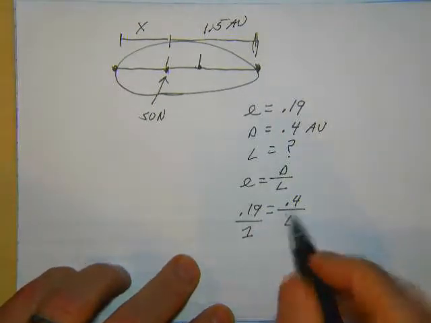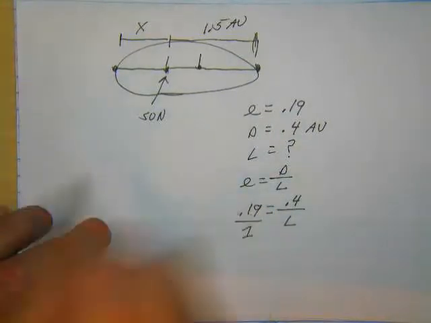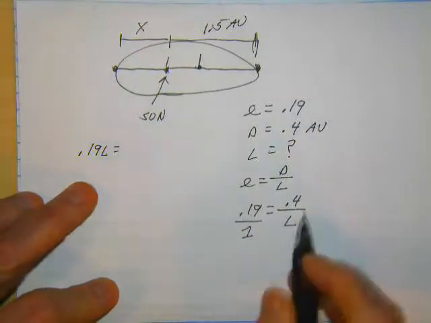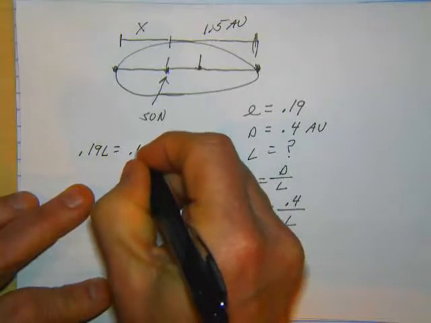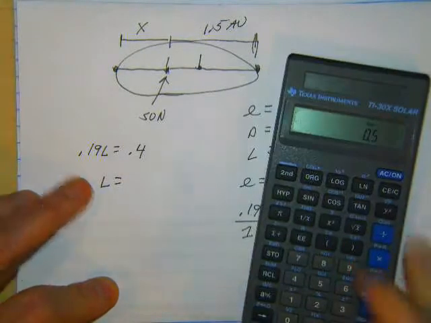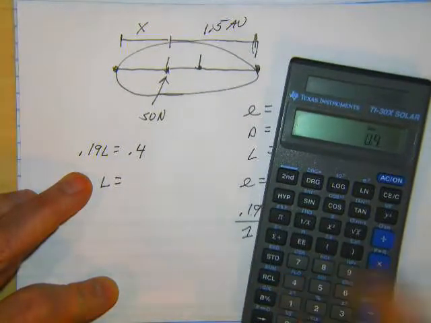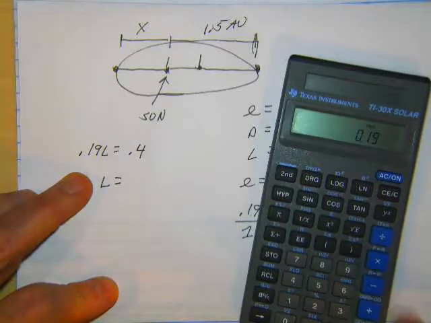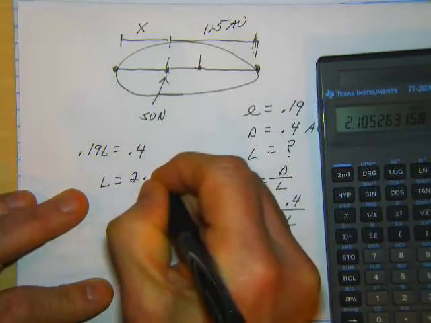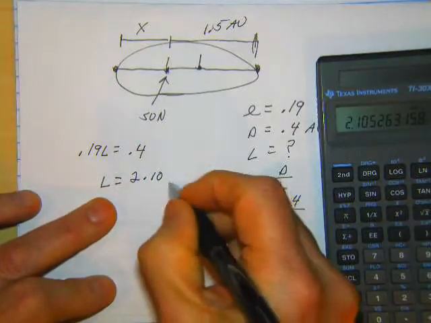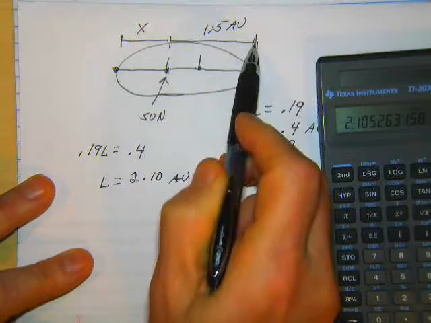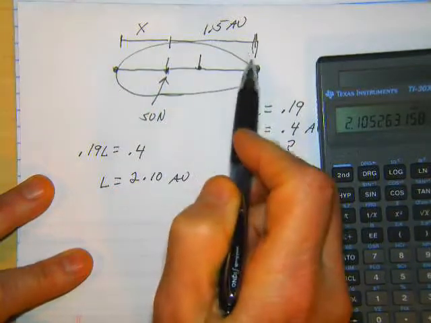So 0.19 L equals 0.4 times 1, which is 0.4. So L equals 0.4 divided by 0.19, which equals 2.10. And again, the units are AU.